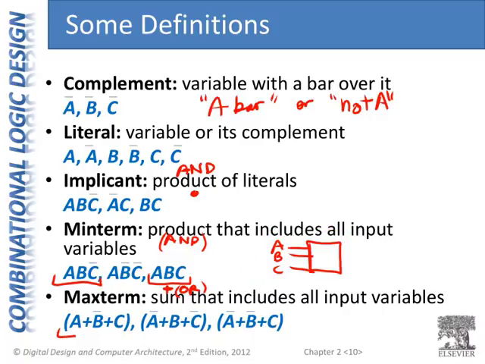Then A or B bar or C is a max term. A bar or B bar or C is also a max term. This is not a max term: A or B bar is not a max term because it does not include some form of C, either true or complement form of C.